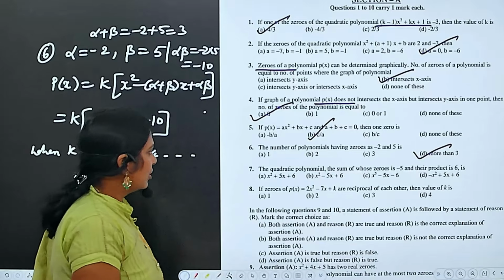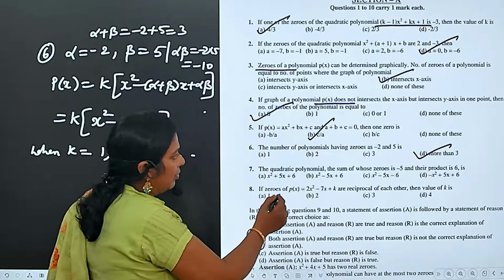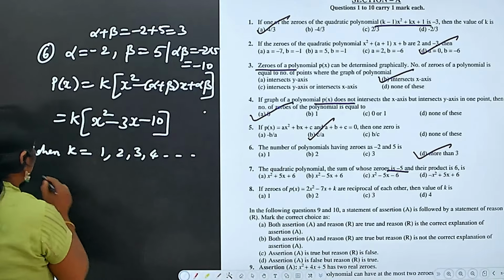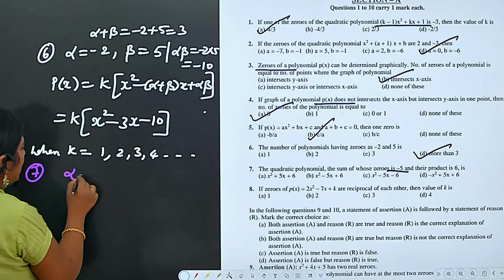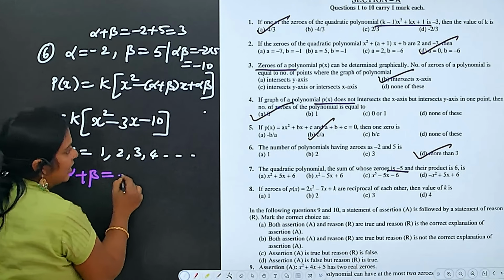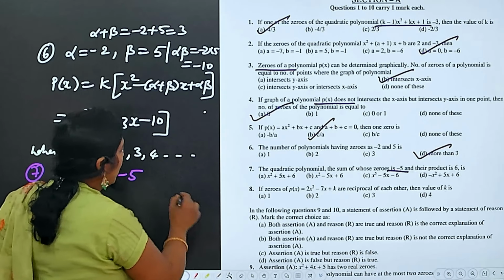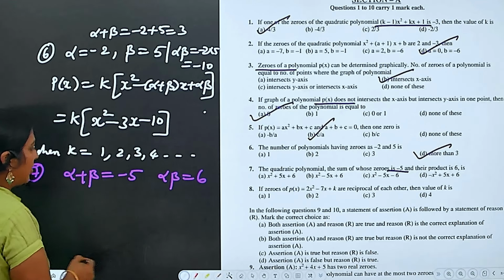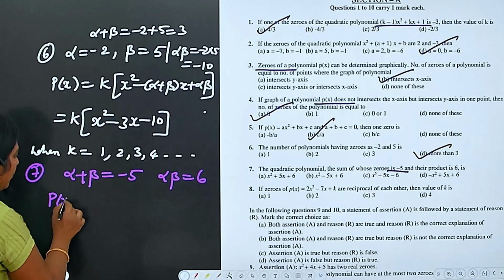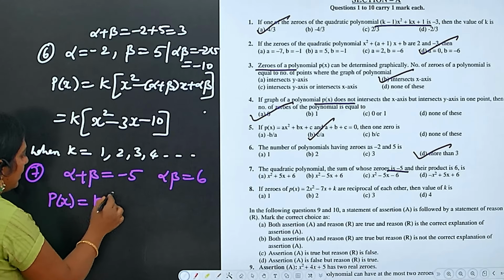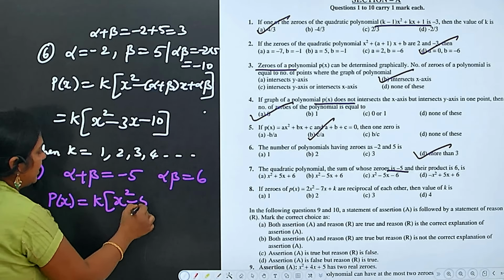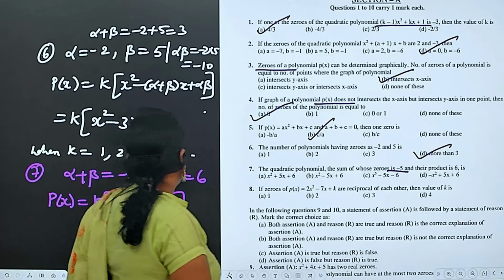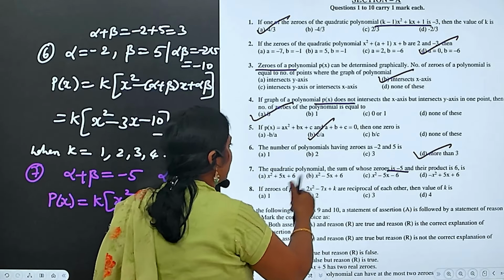నెక్స్ట్ 7th క్వశ్చన్. A quadratic polynomial, the sum of whose zeros means 7th one, sum of whose zeros means alpha plus beta equal to minus 5. The product is alpha beta equal to 6. What is the quadratic polynomial? P of x equal to k into x square minus 5x plus 6. X square minus 5x plus 6.